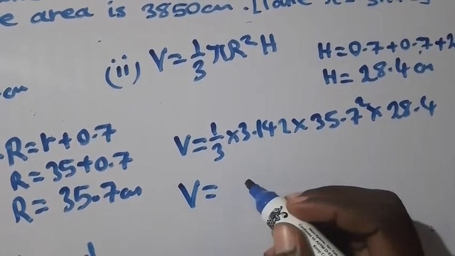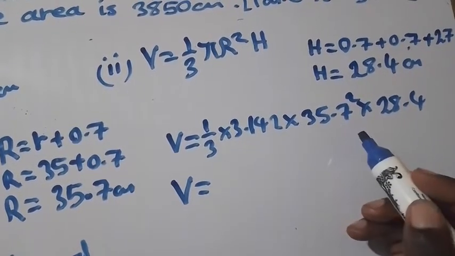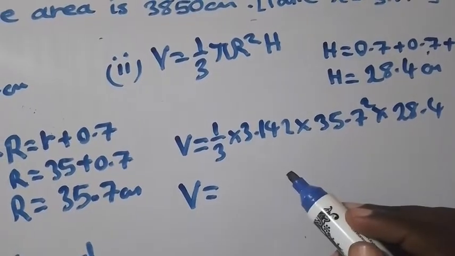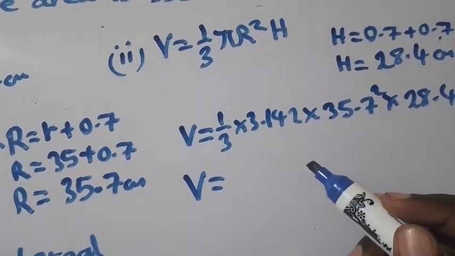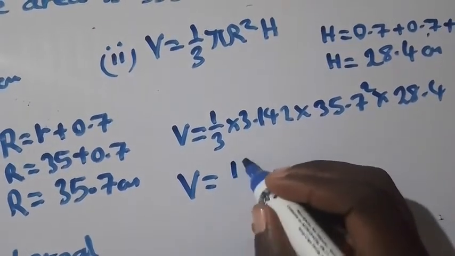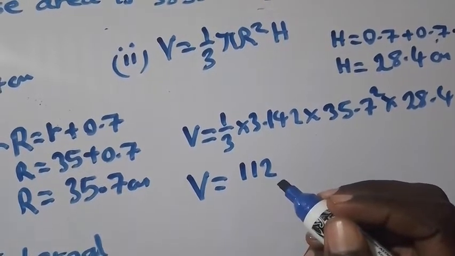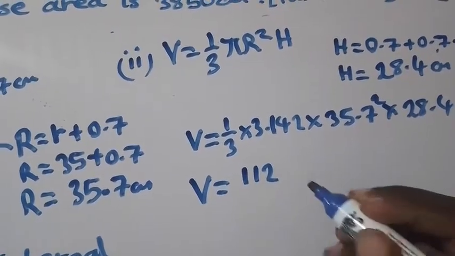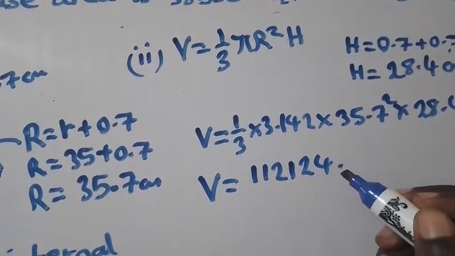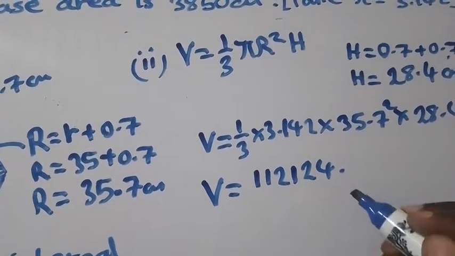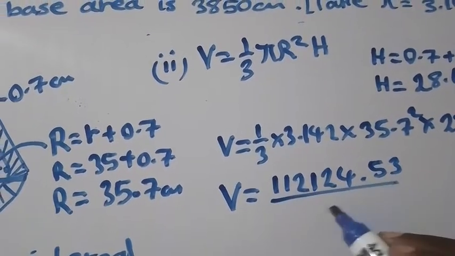So volume equal to 3.142 times 35.7 squared times 28.4. So if we punch all these numbers on the calculator, we are getting 112,124.53 over 3.